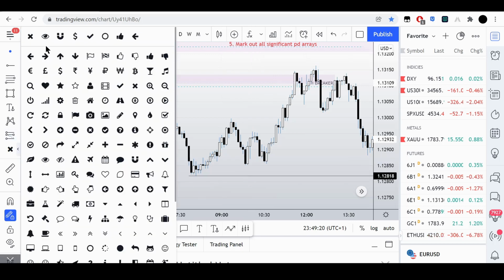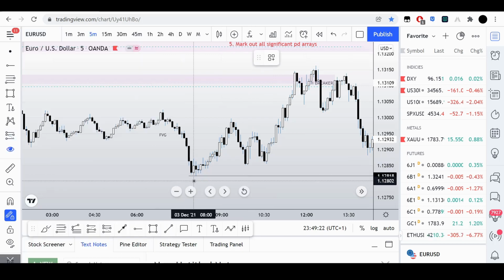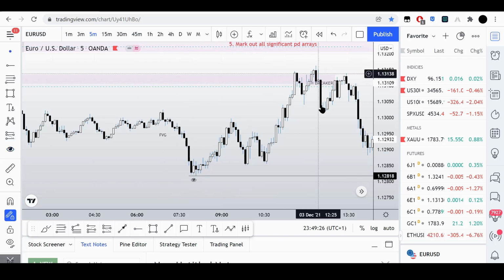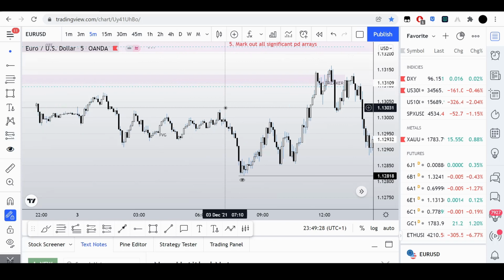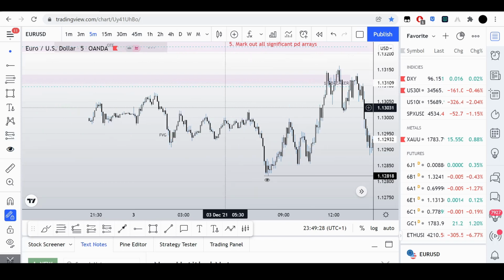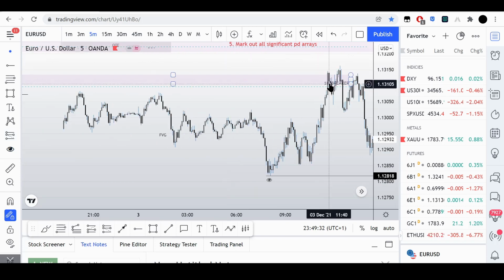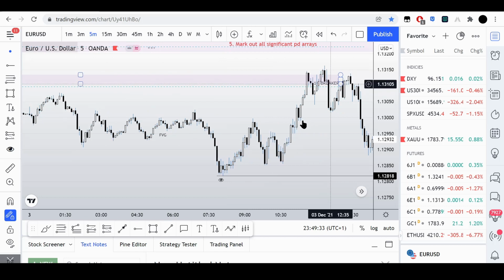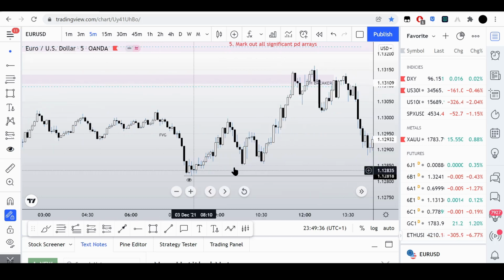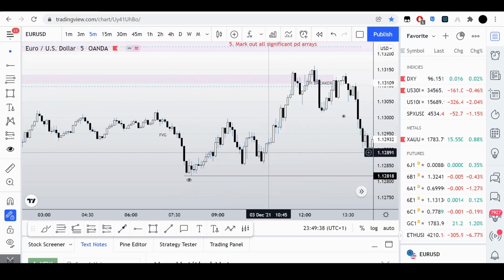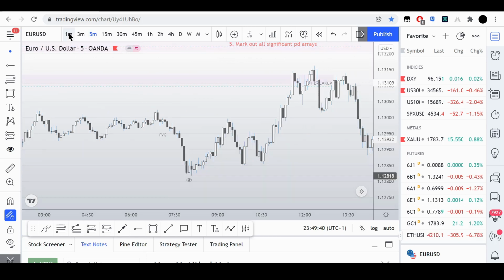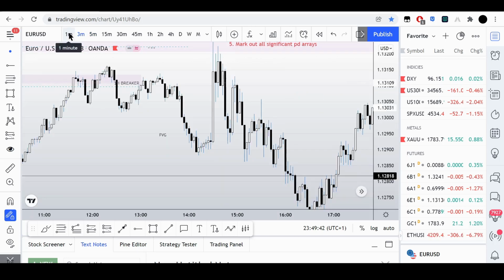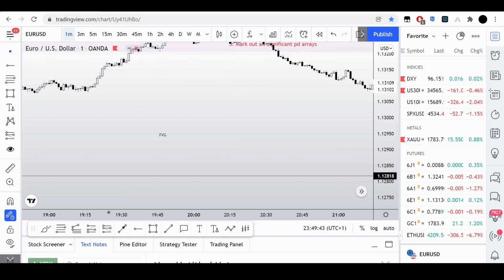I'm expecting price to gravitate towards this as a draw on liquidity once price is in here. So I know that my current draw was here. Now that we're in here and we're creating the market maker sell model, my draw on liquidity becomes this right here.